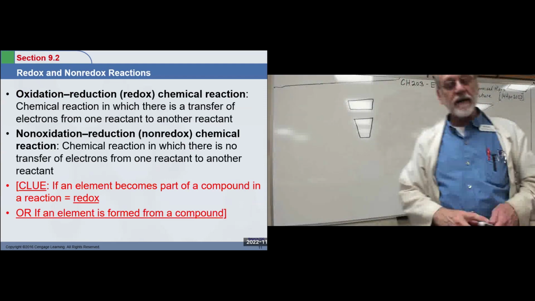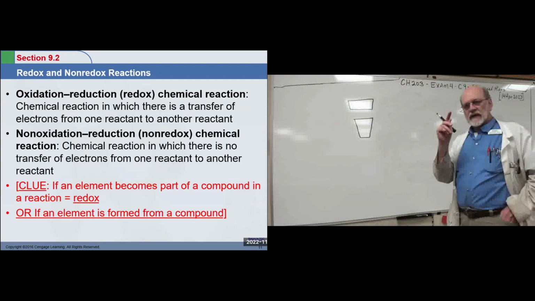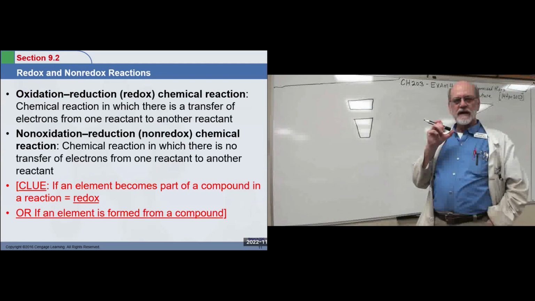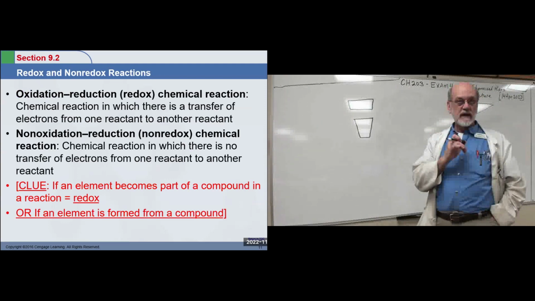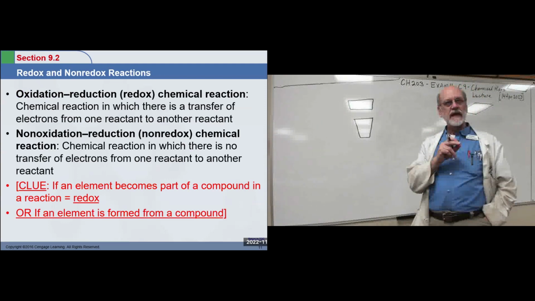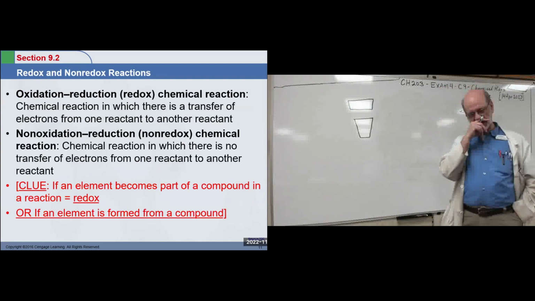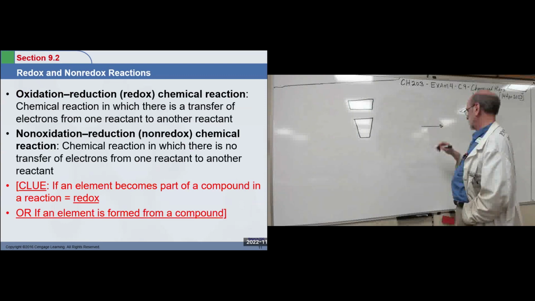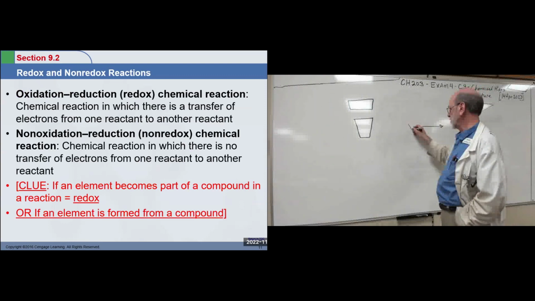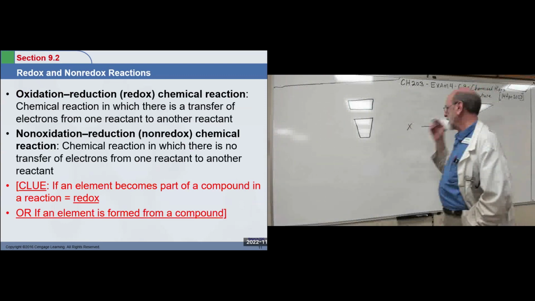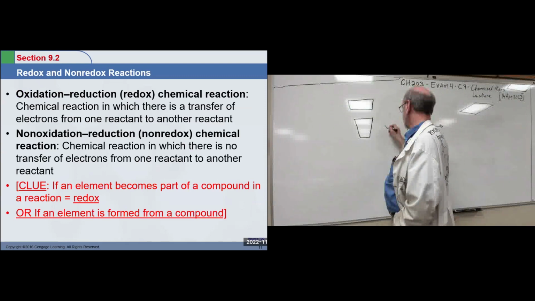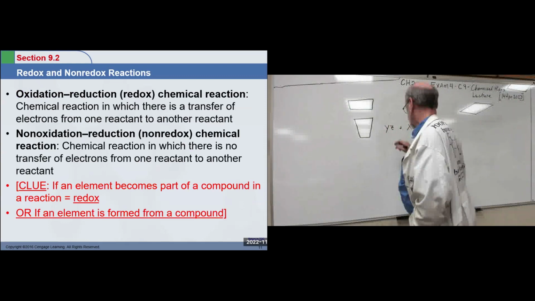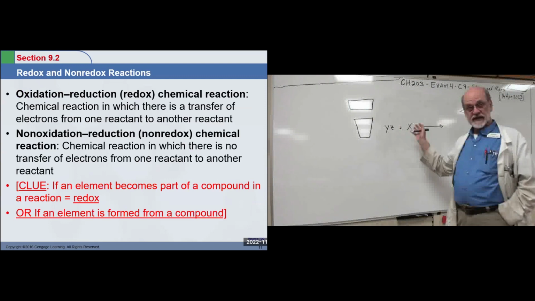Okay, here's a clue. Sometimes this clue works. If you have a reaction in which there is an element on one side of the arrow, so this would be a single replacement.